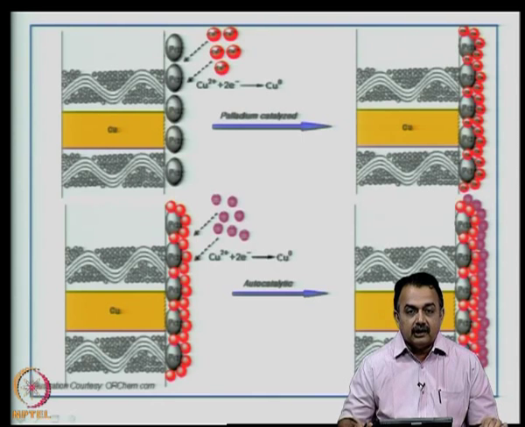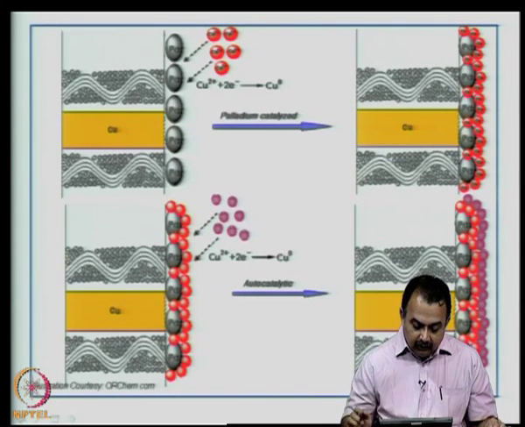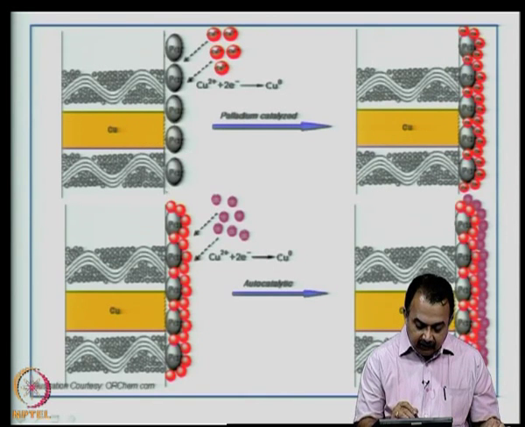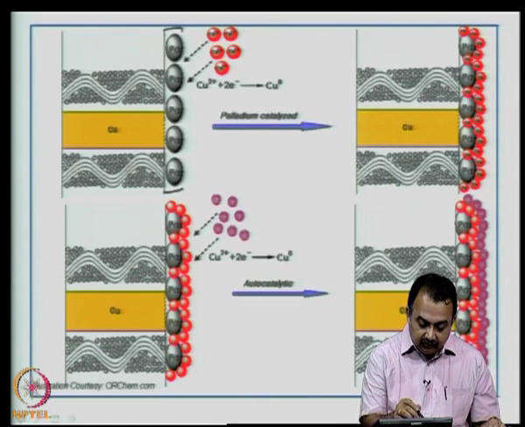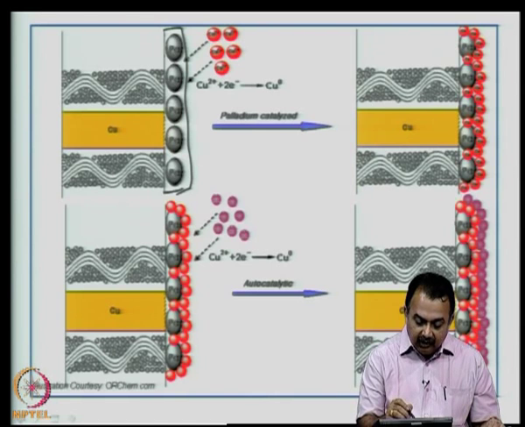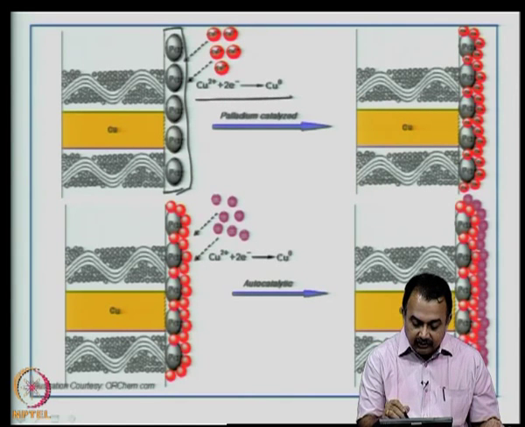If you look at this diagram, which will give you more clarity, here you can see the cross section copper and the dielectric, and then you can see that the palladium is coated here from the colloidal palladium solution. Then you have what is known as the copper solution.